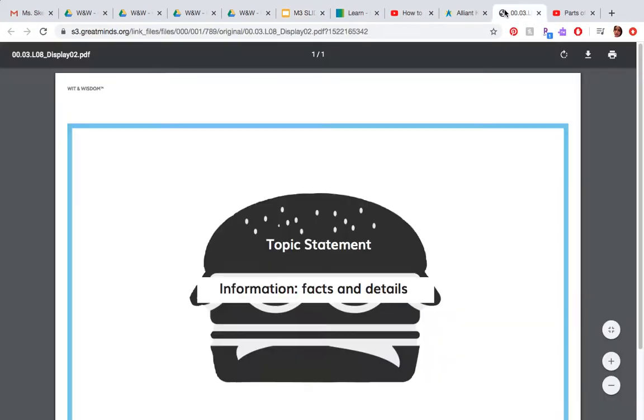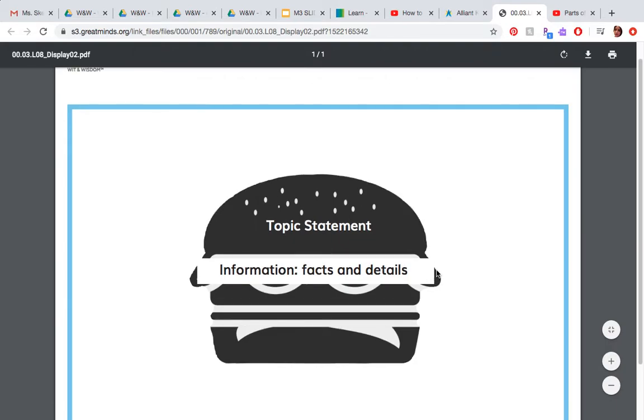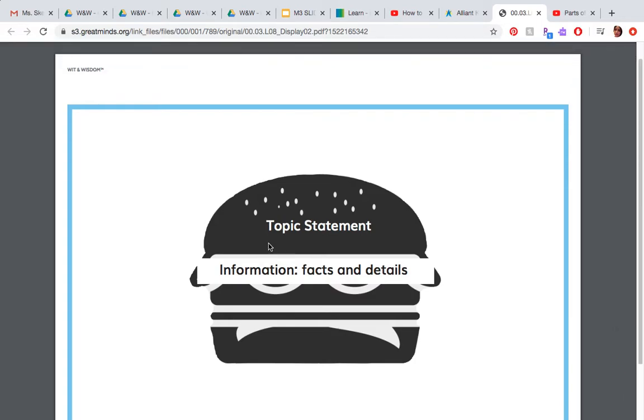The way we're going to start our informational text is something called a topic statement. So you're looking at a sandwich right now, like, huh? What does that have to do anything? This is so that you can remember how an informative text works. This means at the top, your very first sentence is going to be a topic statement. It is the point of the sandwich, right?